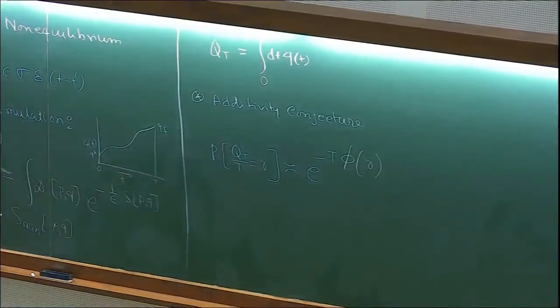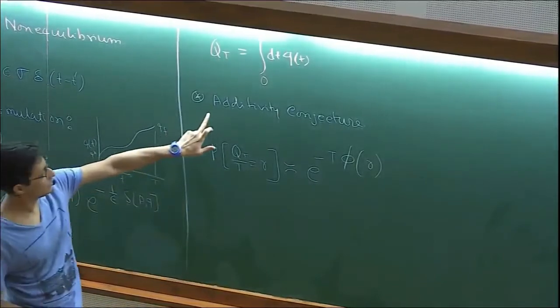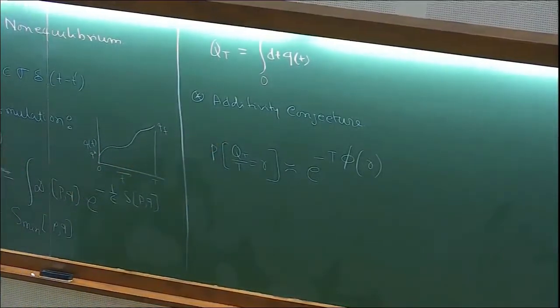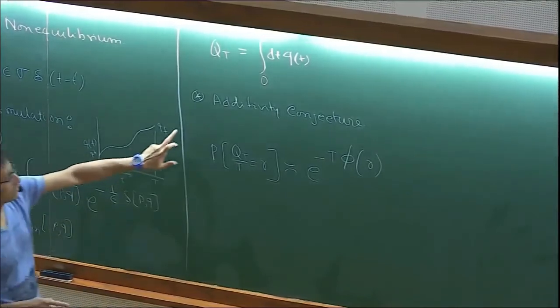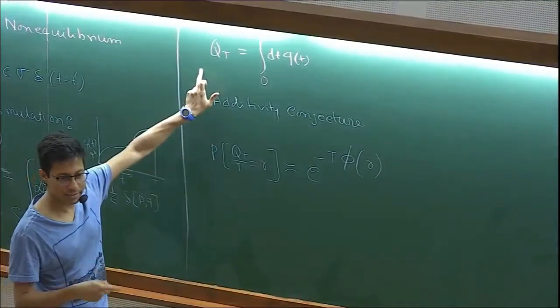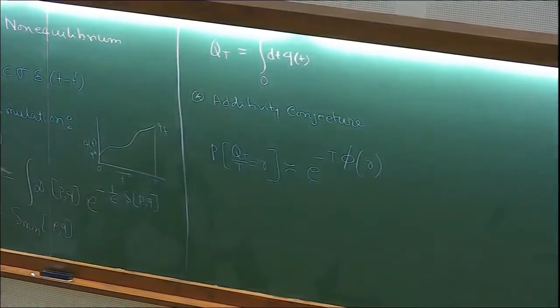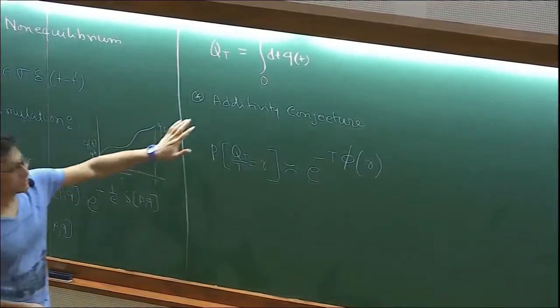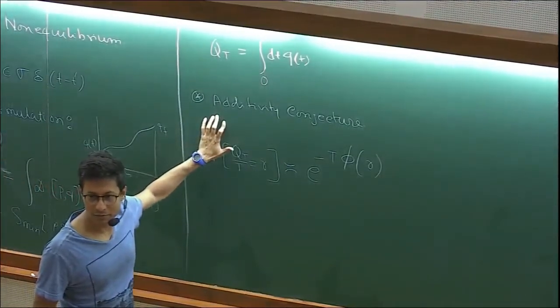Now, there was one clarification because after the lecture, many people asked me whether the additivity conjecture would work for this problem. No, the answer is no, because usually the additivity conjecture would work for an observable which is scaling with time. Okay? Here the observable was not scaling with time. Also, the other point is that it may not work for all possible observables which are scaling with time.